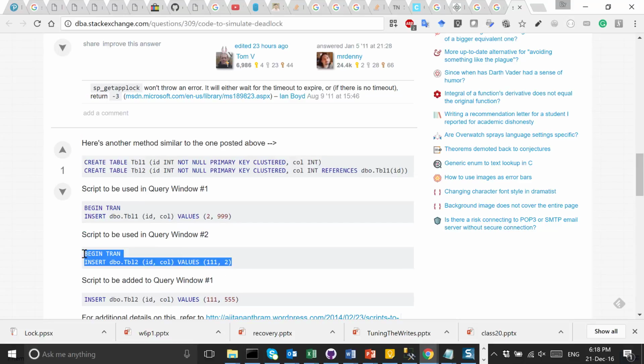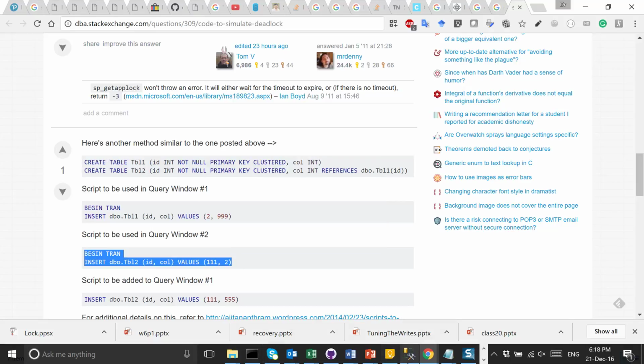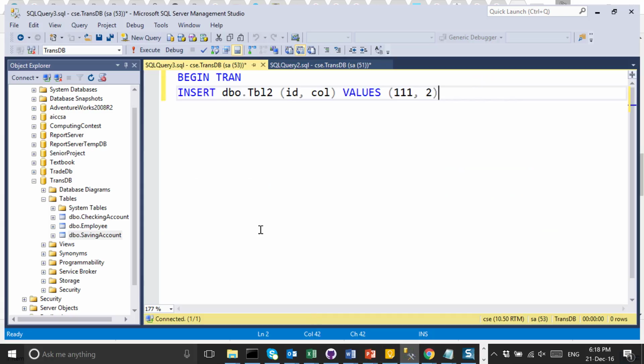Here, I am inserting into the second table. Have a look. I am inserting into the second table, but referring to the ID that is inserted in the first transaction.